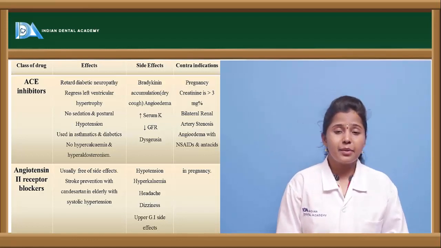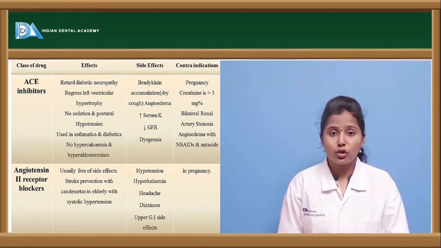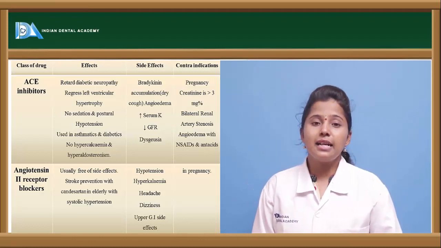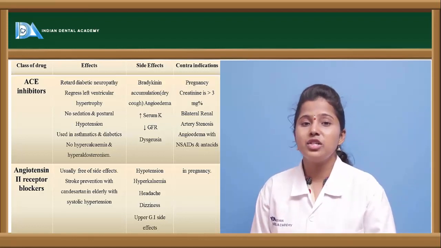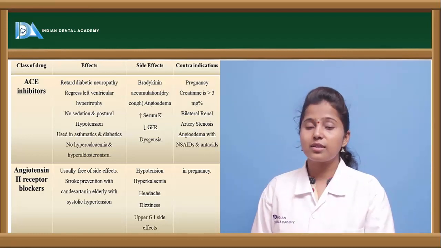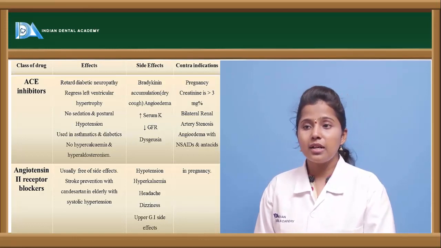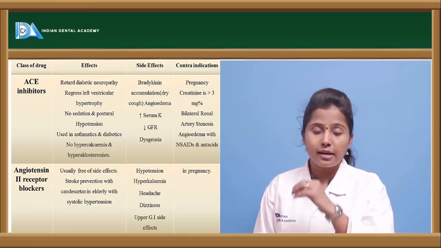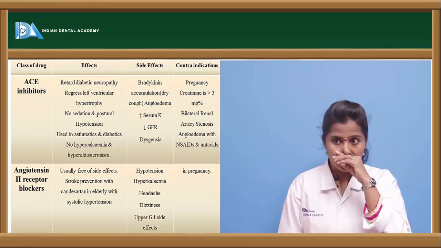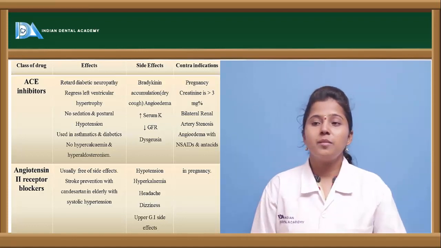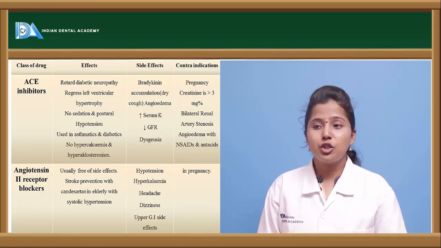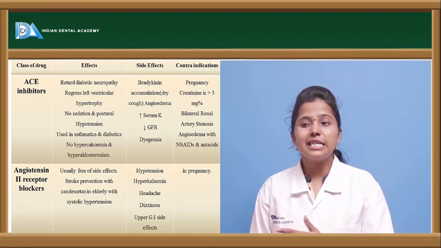And these ACE inhibitors should be contraindicated or should not be given in the conditions of pregnancy, or if the creatinine level is greater than 3 mg%. This creatinine is calculated in mg%, and if the urine creatinine level or blood creatinine level is greater than 3 mg%, then ACE inhibitor should be contraindicated, and it should not be given in bilateral renal artery stenosis and angioedema with NSAIDs and antacids.